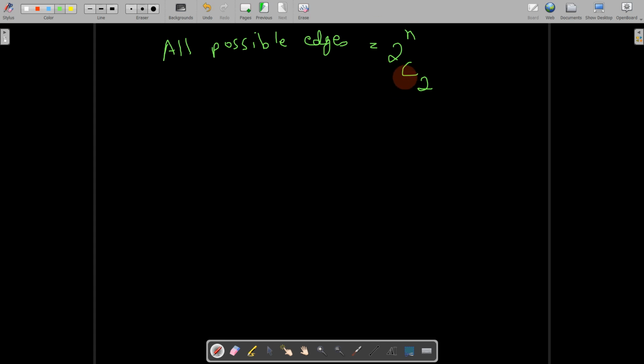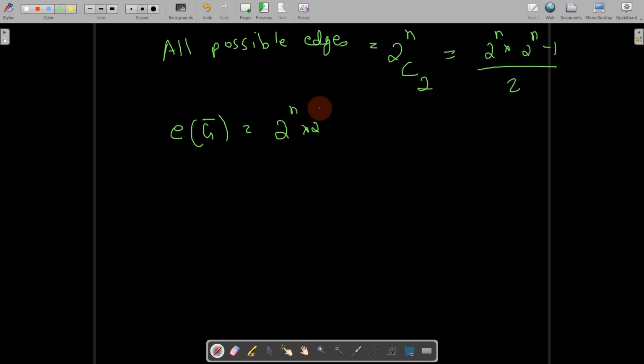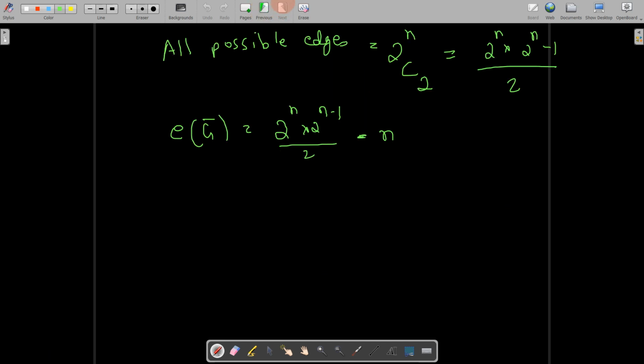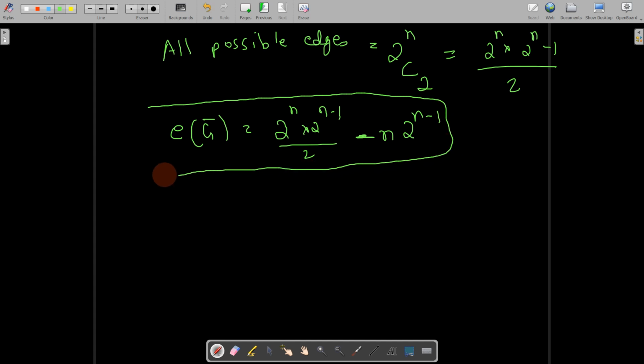These many possible edges are there in total in the complete graph. That will be 2 power n into 2 power n minus 1, divided by 2. Now, the edges in G complement will be equal to 2 power n into (2 power n minus 1) by 2, minus the number of edges in this graph, n into 2 power n minus 1. So these are the number of edges in the complement graph.